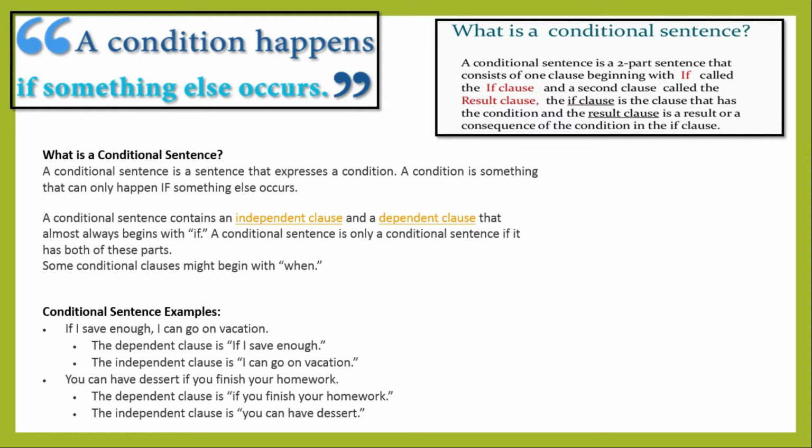So the second clause is going to be the consequence of the previous one. Okay, let's remember that. And these charts are going to remind you. What is a conditional sentence? A conditional sentence is a sentence that expresses a condition. A condition is something that can only happen if something else occurs.